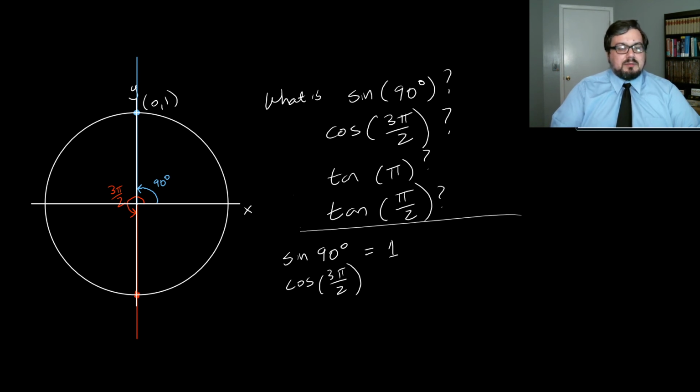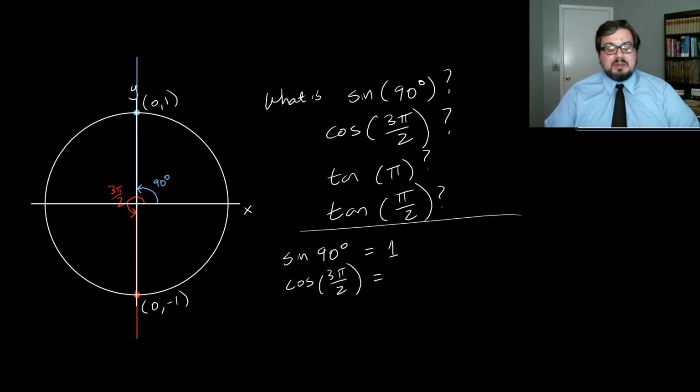Now that point where the curve intersects with the unit circle is the very bottom of the circle, which is at (0, -1). So cosine of 3 pi over 2 is going to be the x-coordinate of the red point, where the red line intersects the unit circle. The x-coordinate of that point is 0.